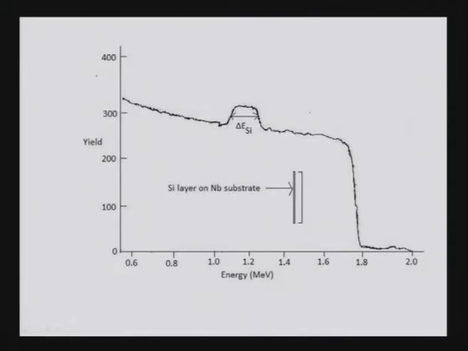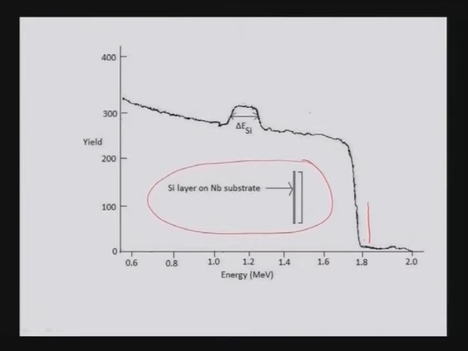Look at your screens. This is a sample where a silicon layer is sitting on a niobium substrate. You have a niobium substrate on which a thin silicon layer is sitting. Niobium will have some kinematical factor.